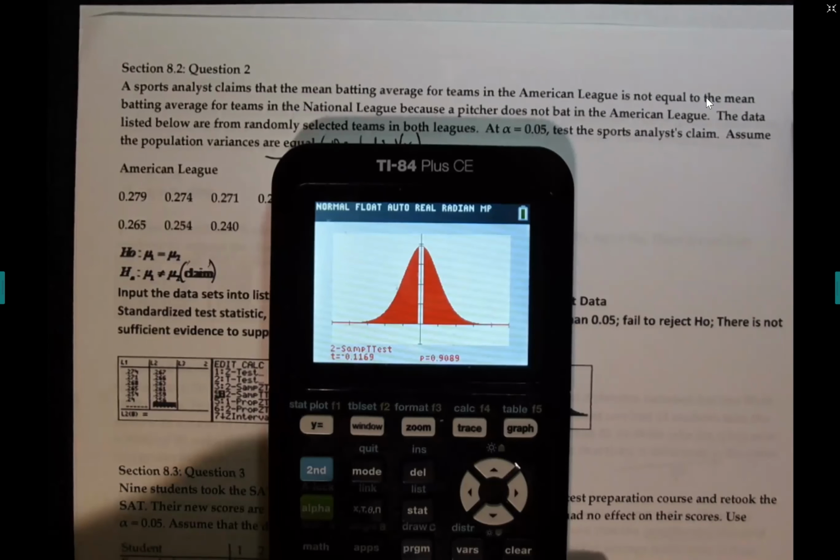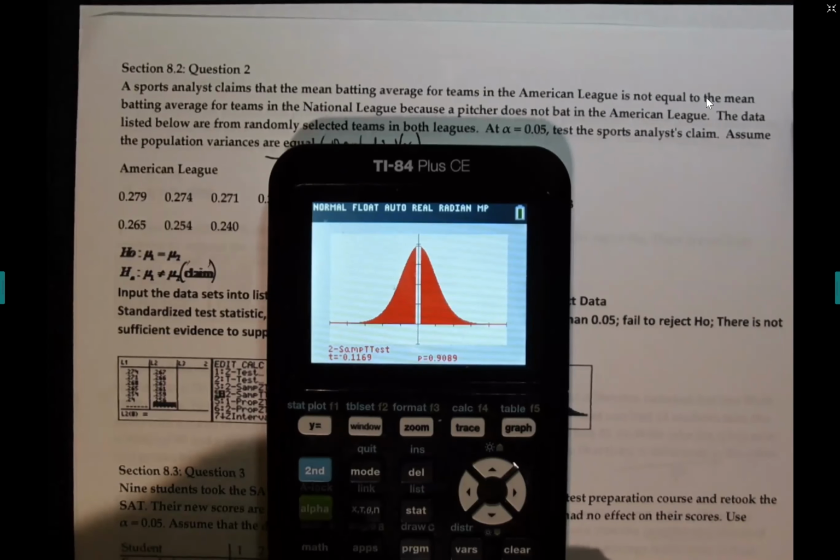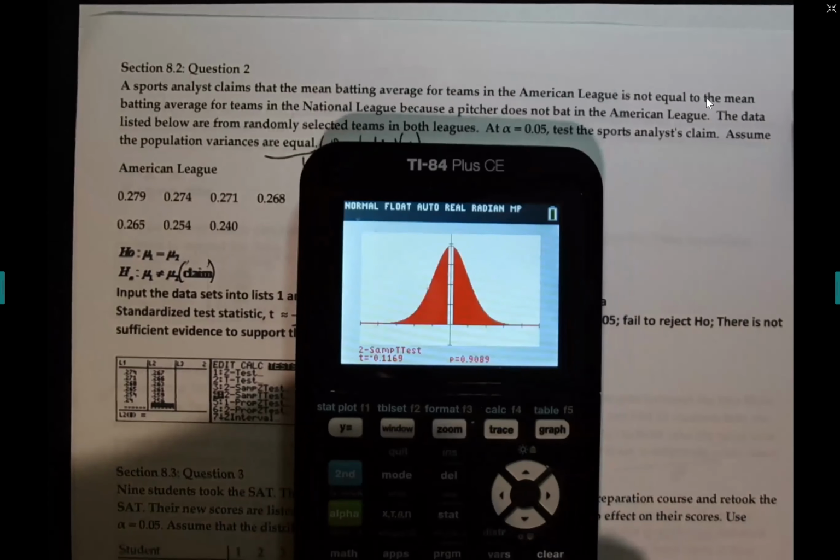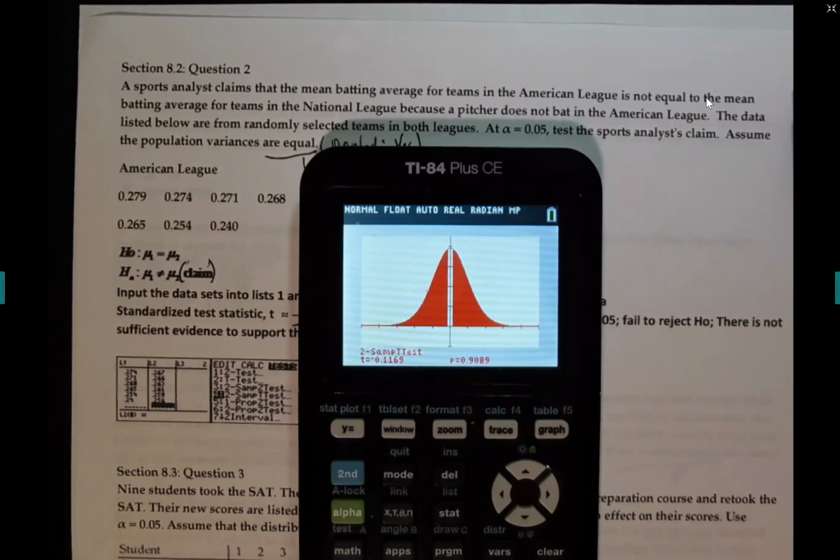And if it is bigger than alpha, you fail to reject H0, and there is not enough evidence to support the claim. And you can see that. All right, so that's how we use samples where data is given to us, not the summary of the data. Okay, so that's section 8.2, and I'm gonna stop.